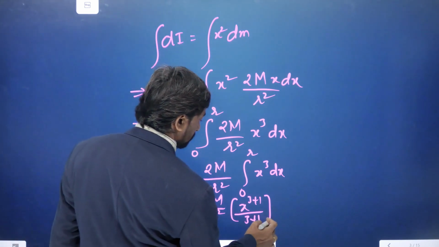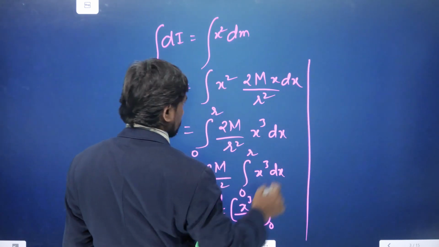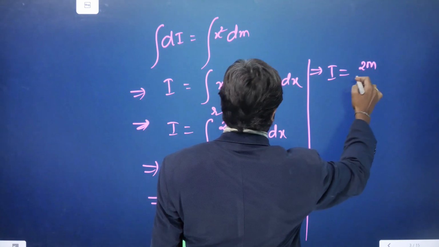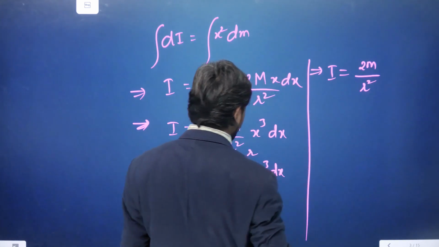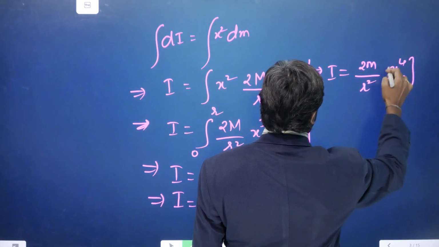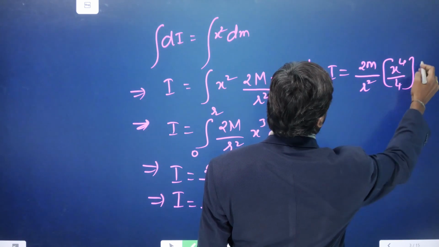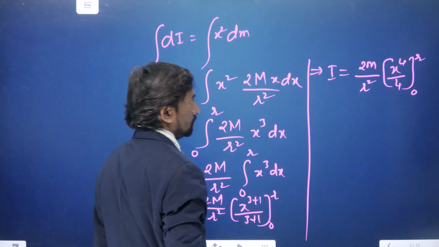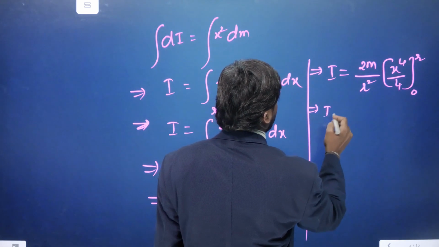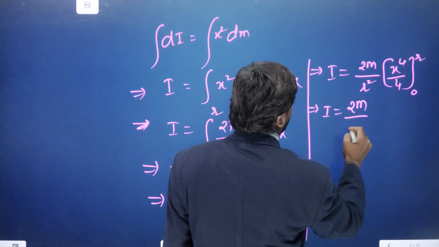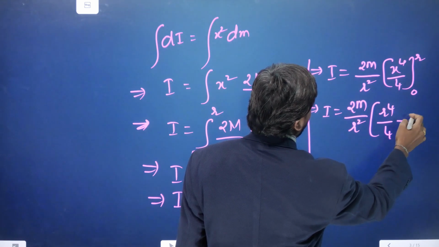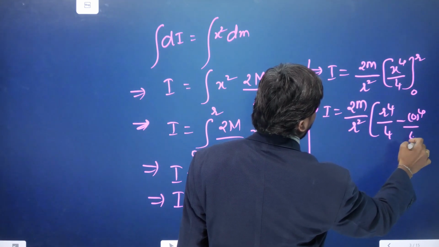So here we get x power 4 divided by 4, with limits 0 to R. Now we substitute the upper limit and lower limit: R power 4 divided by 4 minus 0 power 4 divided by 4.